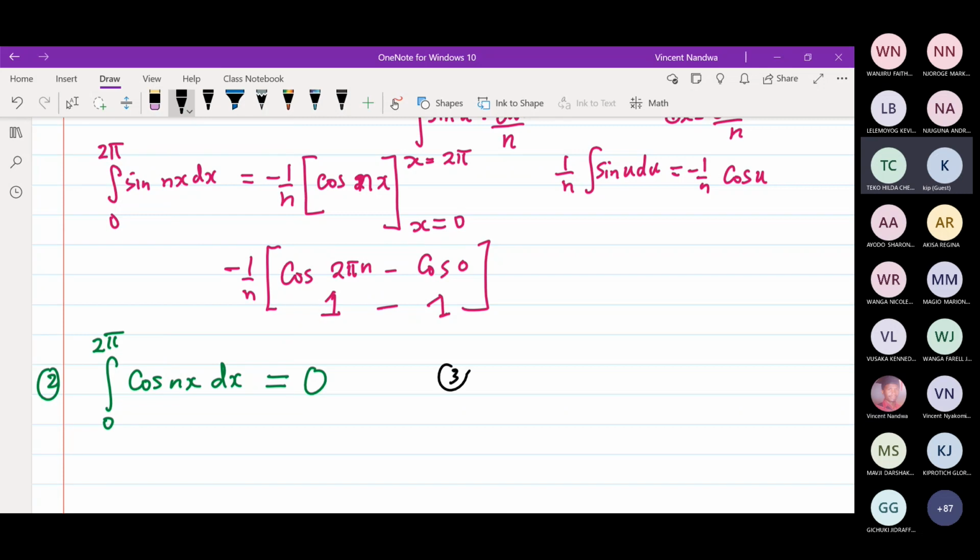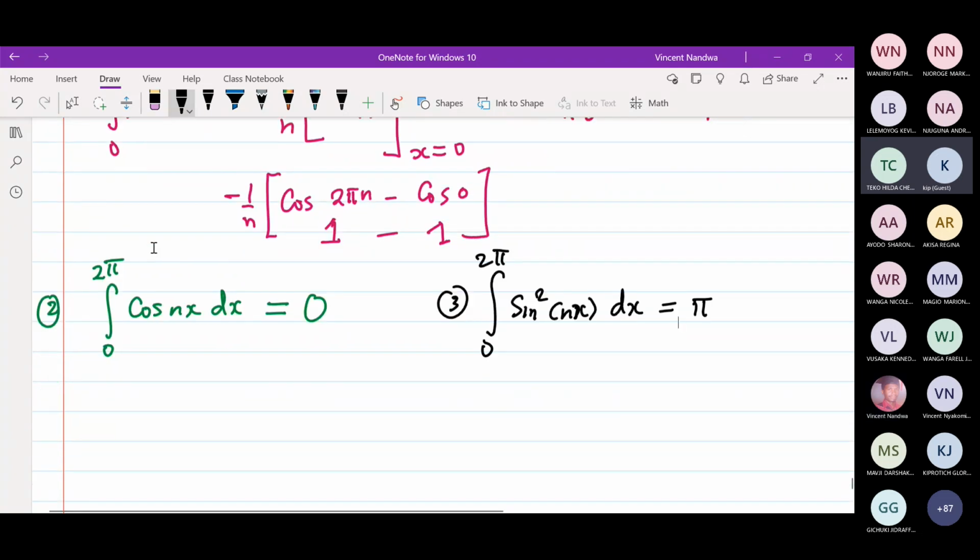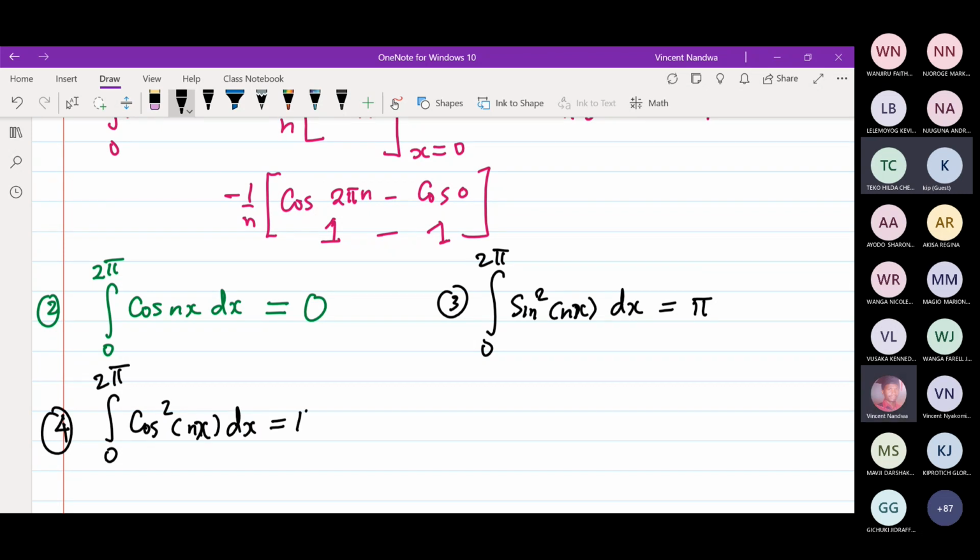And then number 3, if you integrate from 0 to 2 pi of sine squared of nx dx, you'll get pi. You can always confirm that the integral from 0 to 2 pi of cos squared nx dx also gives pi. The integral from 0 to 2 pi of sine nx times sine of mx dx will always give 0.